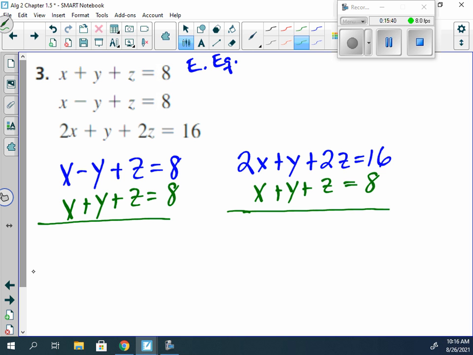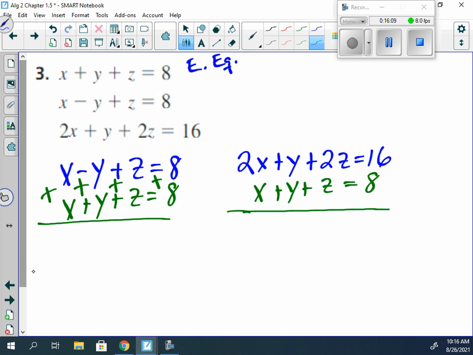So looking at the one on the left, would we add them together or subtract them from each other? Yeah, we're doing y's. If we're doing x or z, yes, we would subtract. Because for x, since they have the same sign, we would subtract for x. Since z's have the same sign, we would subtract. But since we're eliminating y, we're going to add.